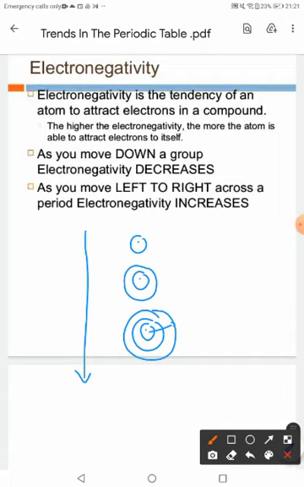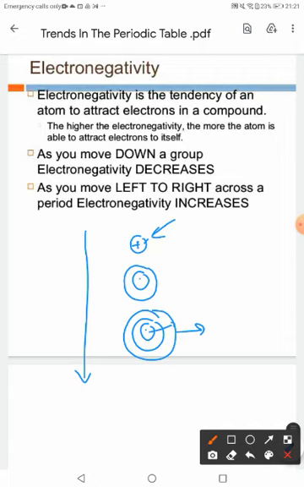It means it is very easy to remove the electron from it. But if we want to gain the electron, the nucleus and the outermost shell electron are very close in the first row element. So if an atom wants to attract the electron, it will attract the electron more easily because the nucleus and the valence electron are very close to each other. It will be easy for the proton to attract the electron.